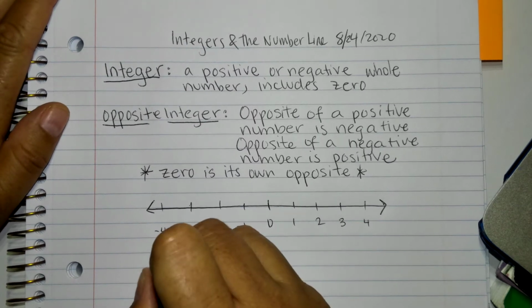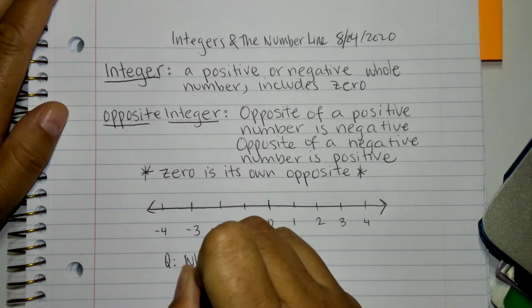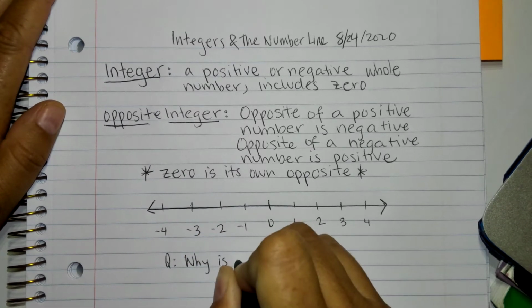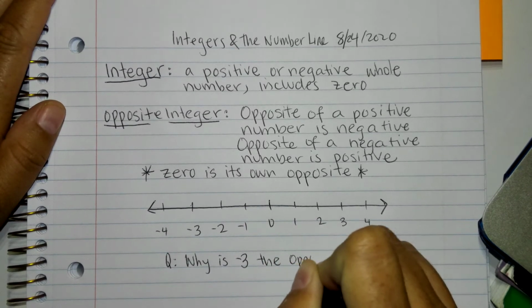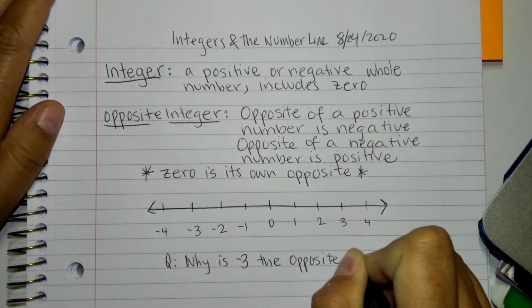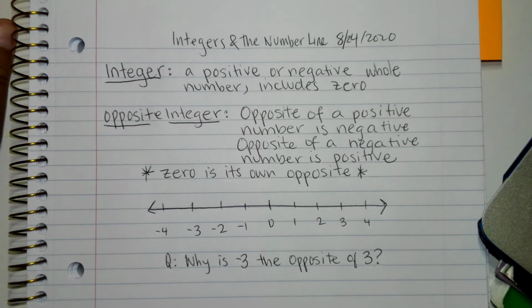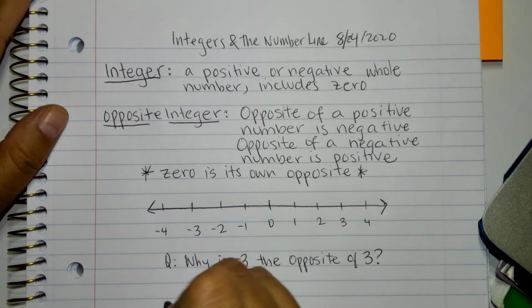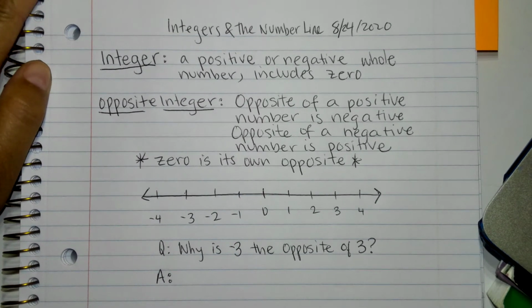And my question I'm going to pose is, why is -3 the opposite of +3? And we're going to be able to prove our answer here in a drawing.